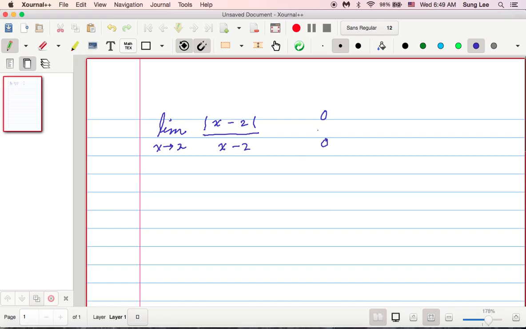So we have 0 over 0. Although we are calling it 0 over 0, these are not numbers. These are infinitesimals. So this is a 0 over 0 type indeterminate form. We briefly talked about this last time.